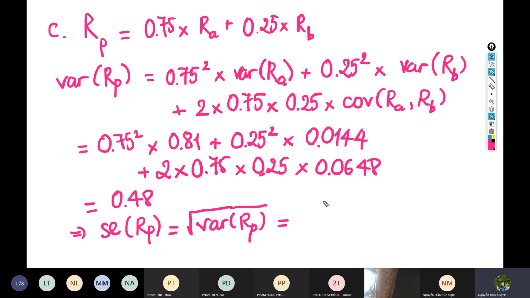So the standard error here is just the square root of the variance of the return on the portfolio. All right, and what is the value? It will be 0.69. So the answer for question B is 0.69. The 0.69 is the standard error of the return on the portfolio.